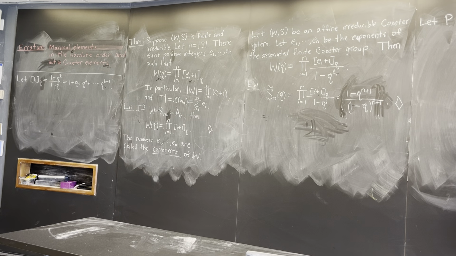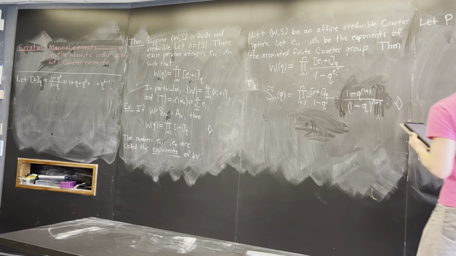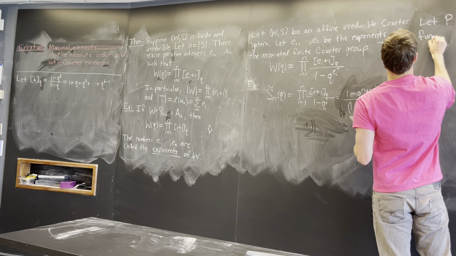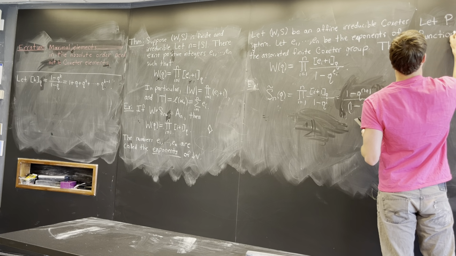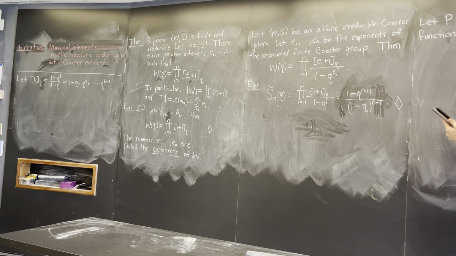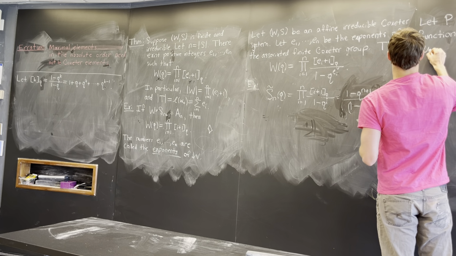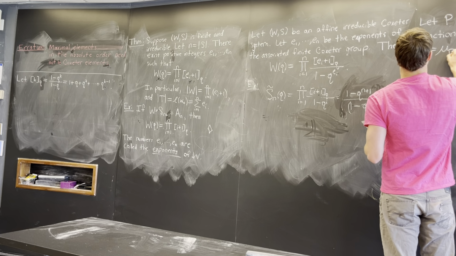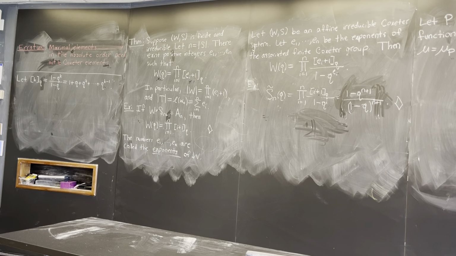Then we can define what's called the Mobius function of P. This is going to be a map, which I'll call mu, or sometimes mu sub P if I want to emphasize that it's for the poset P.